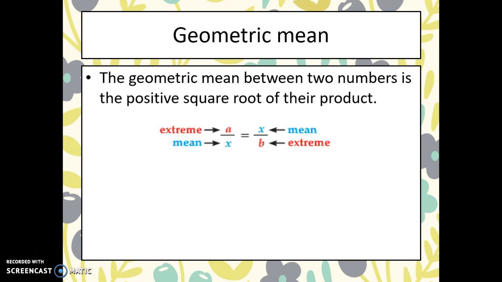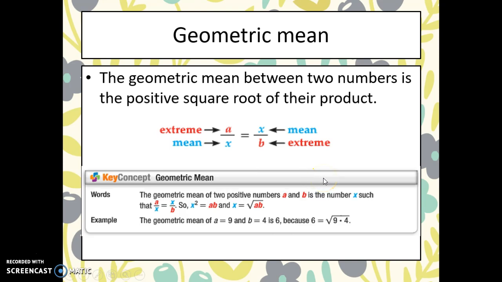When we're setting this up, we're going to be setting up a proportion just like we did with similar triangles to solve for different sides using proportions. Geometric mean also involves proportions. So the means, remember, are the bottom of the first ratio and the top of the second ratio. The extremes are the top of the first ratio and the bottom of the second ratio, like you can see here.